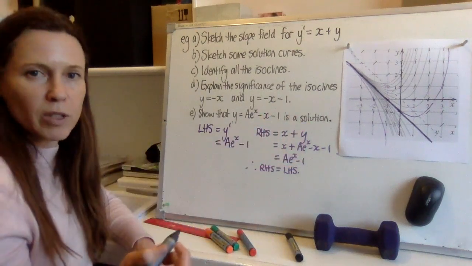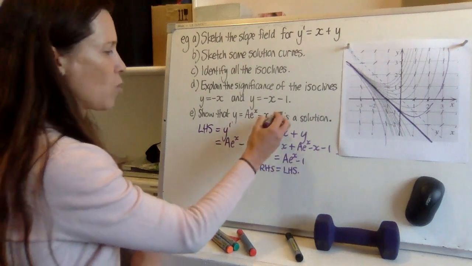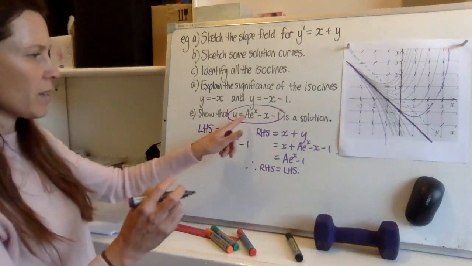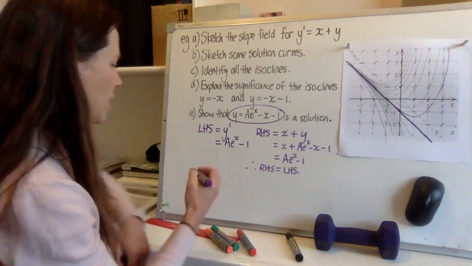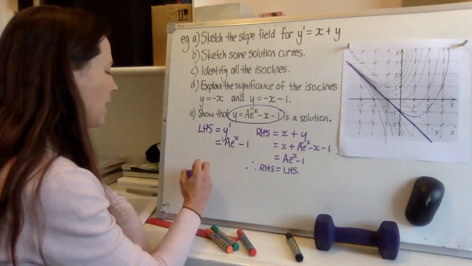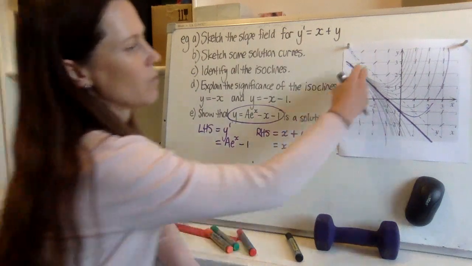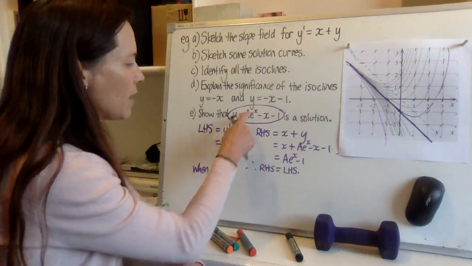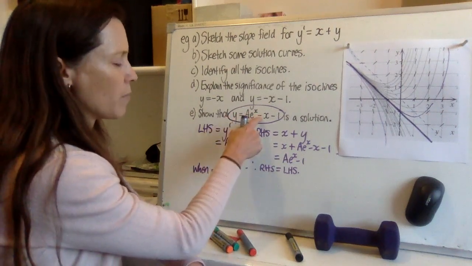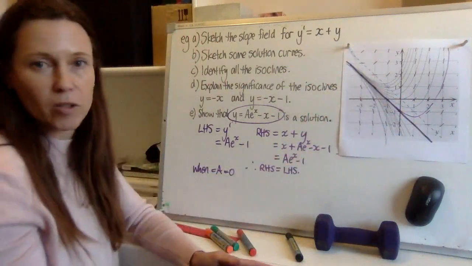And when we looked at this in the last exercise, we looked at the actual equation of this and we reasoned why we were getting such different solutions, and that now appears a little bit more obvious. So we can see that when a equals 0, it's actually not going to give us a solution curve that's an exponential at all, because this whole term will disappear and we just get the line y equals minus x minus 1, which is this asymptote to all the other solution curves.